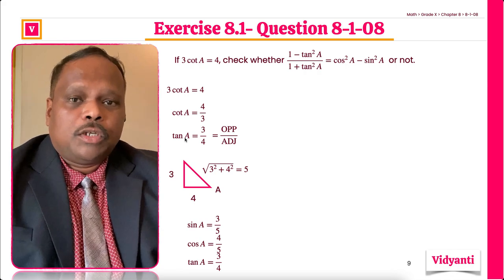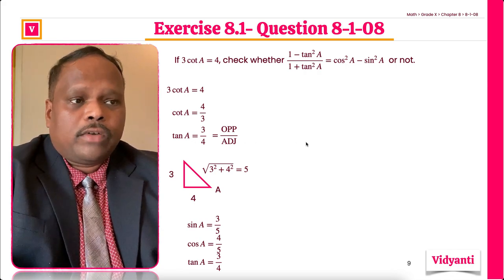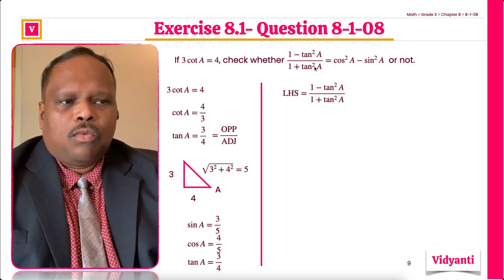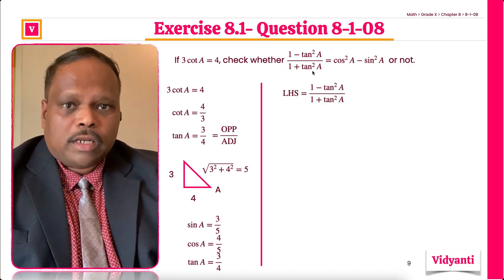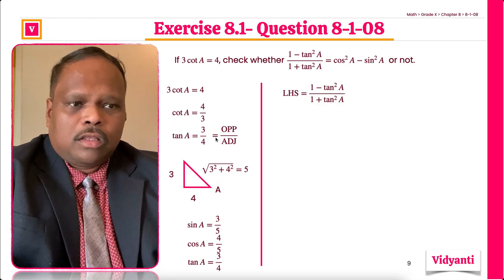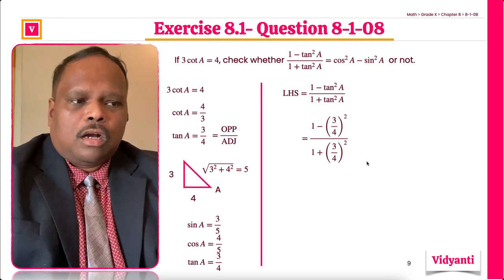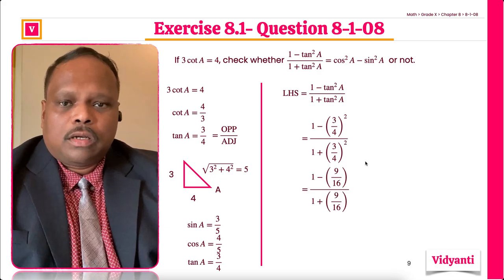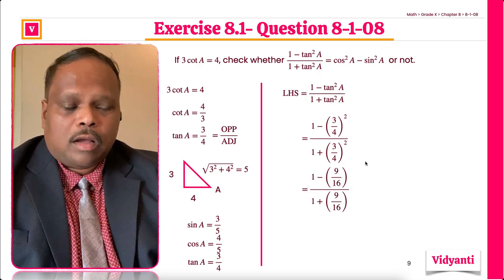We can substitute these ratios on the left hand side first. So let's take the LHS, which is 1 minus tan square A upon 1 plus tan square A. We are going to substitute the value of tan A, which is nothing but 3 divided by 4. Let's take the square. 3 divided by 4 square will be 9 upon 16. We are going to write that in the numerator as well as denominator.